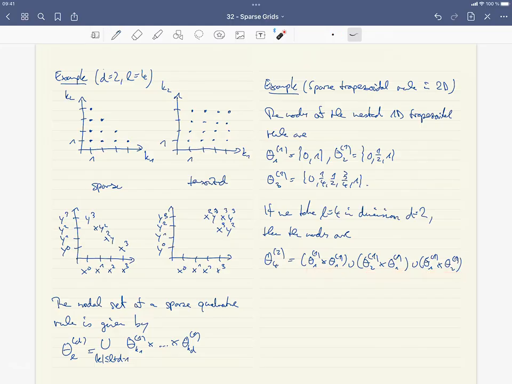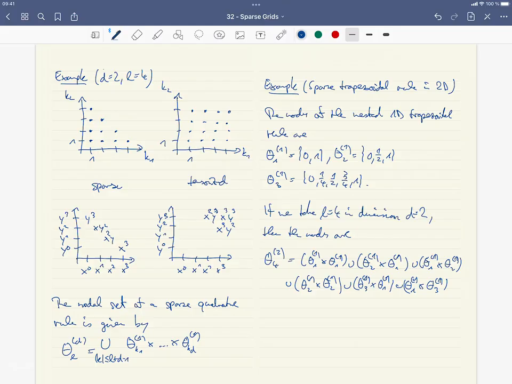Here they add up to 3 in the indexes. Now we can add up to 4. Theta 2 1 cross theta 2 1, union theta 3 1 cross theta 1 1, union theta 1 1 cross theta 3 1.